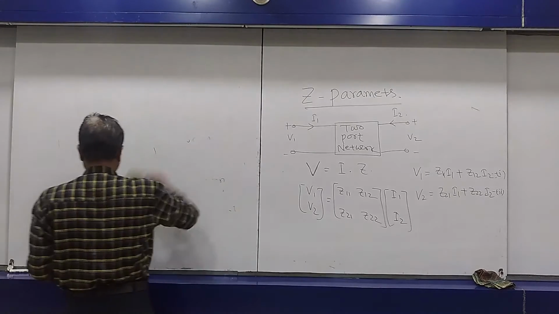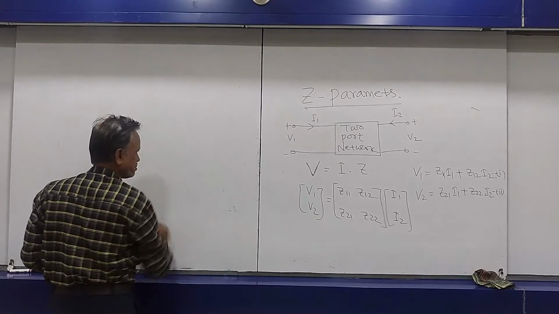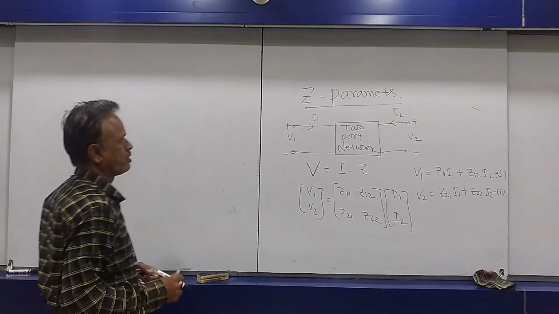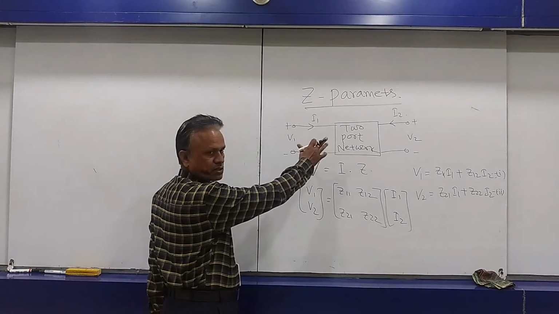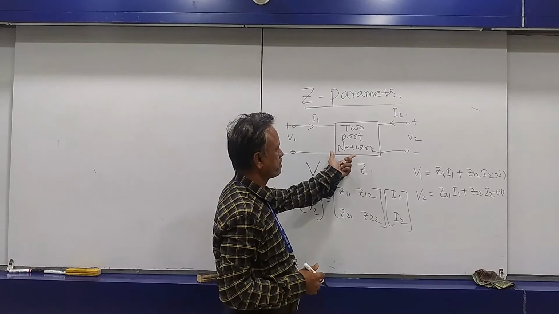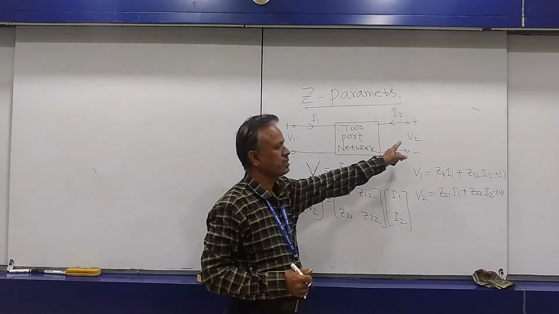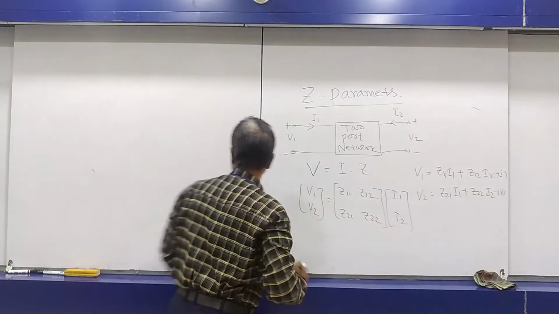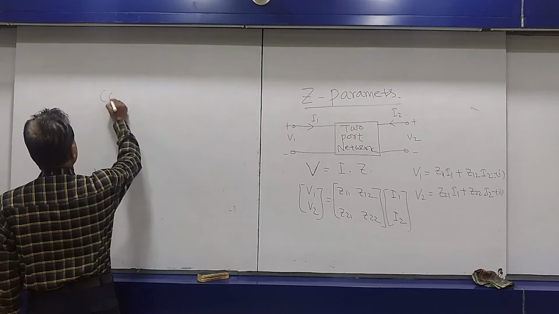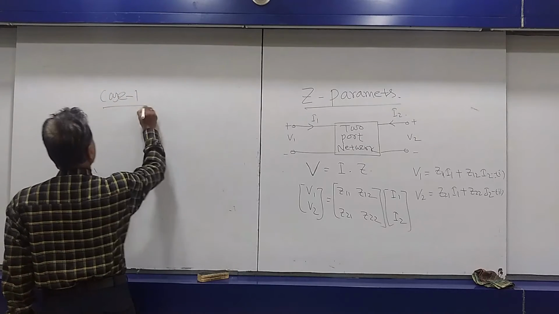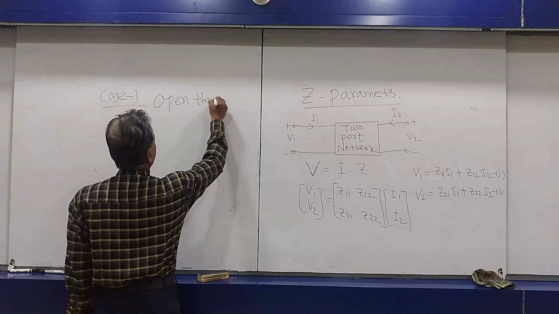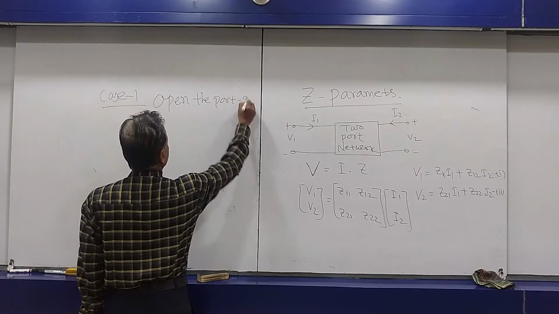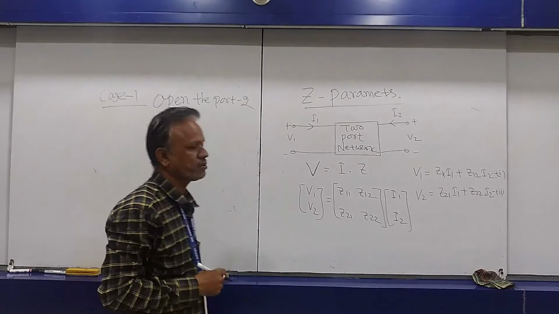Now, from this expression, we will determine. First of all, observe that here in this diagram, for case 1, I open port 2. Port 2 is first of all open.